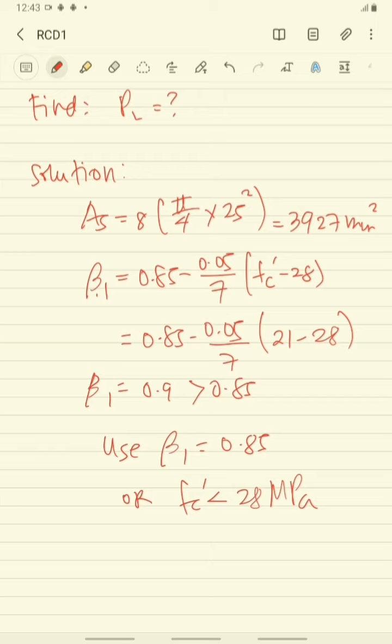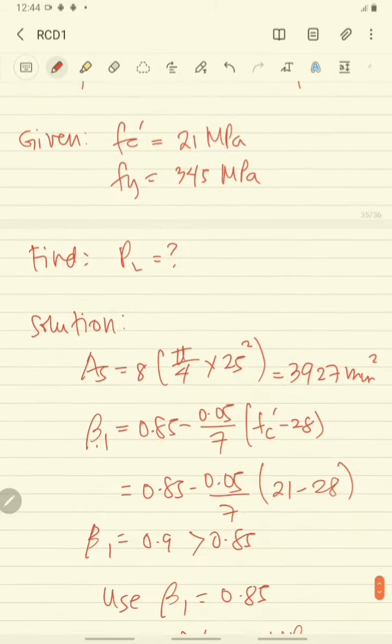Okay, so next we have to assume that our Fs is equal to the Fy. So this is our first assumption. We assume Fs is equal to Fy, and that is 345 megapascal.